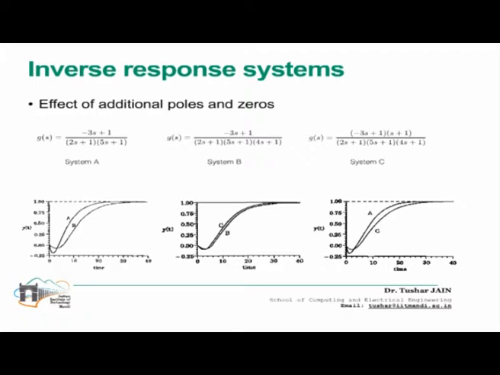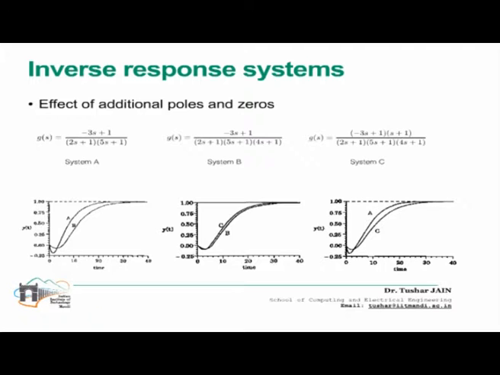So what we have observed in the previous sessions is that adding a pole to a system basically slows the response. So this is the difference you will notice between system A and system B, because the difference in system B is an additional pole, except that the whole system A is still there. So if I add just a pole to system A, the response becomes a bit slower.